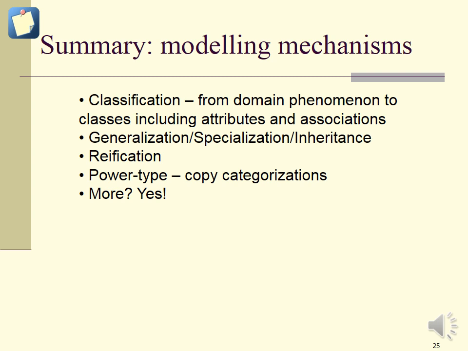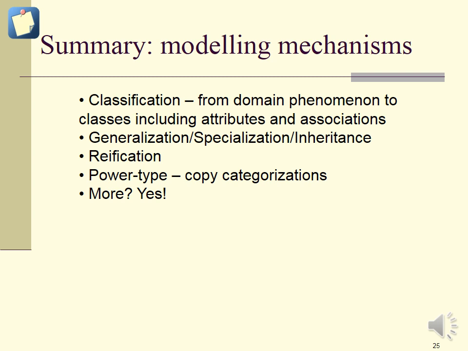Summary of modeling mechanisms. We have looked at classification, that is how we go from a domain and create a class. Then we have looked at 3 modeling patterns: inheritance, generalization, specialization. Generalization, specialization is a synonym for the term inheritance.